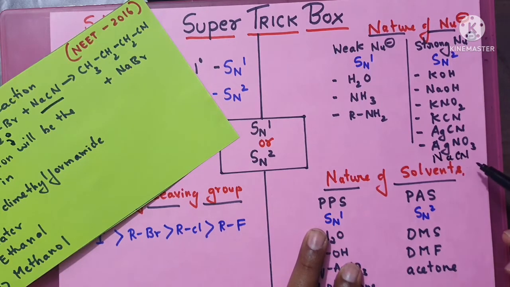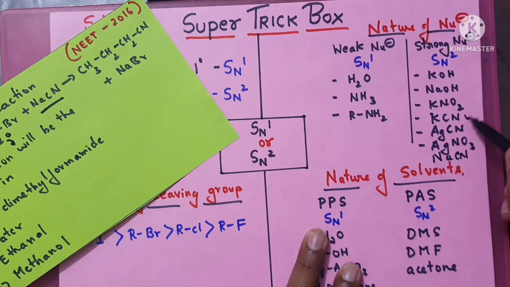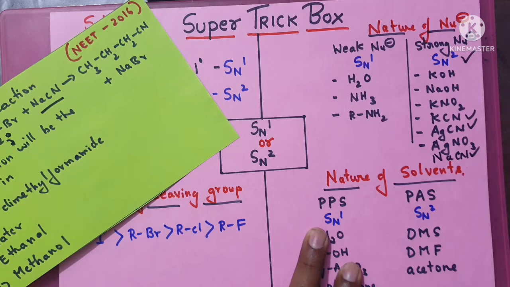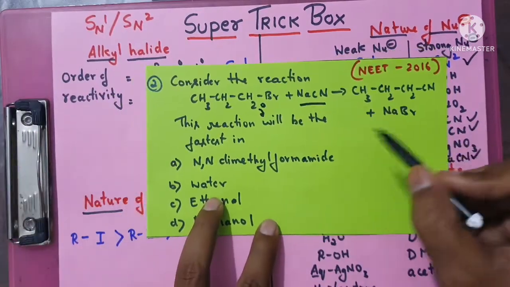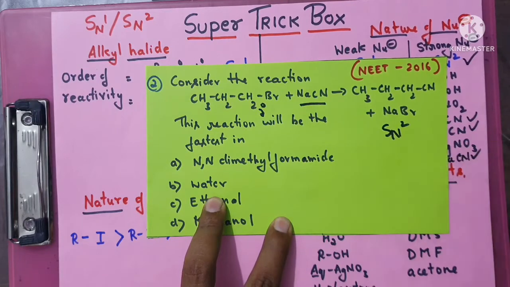Yes, it is a strong nucleophile. You can see CN is a strong nucleophile. Definitely it undergoes SN2 mechanism. Yes, therefore the above reaction undergoes SN2 mechanism.